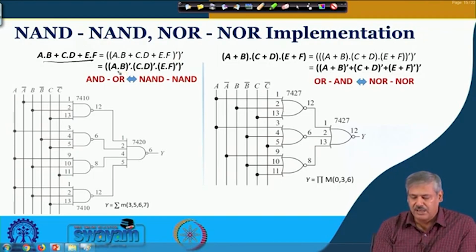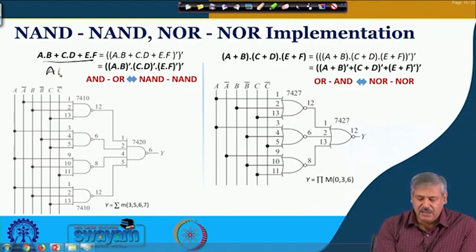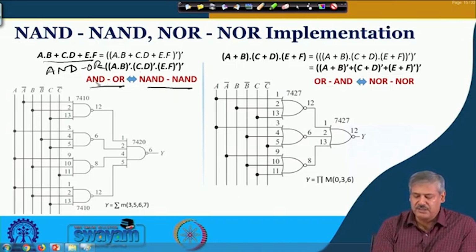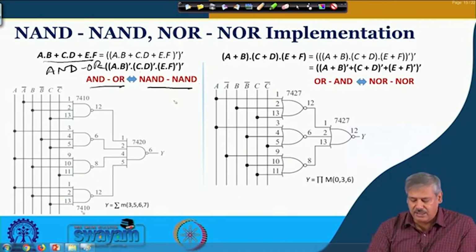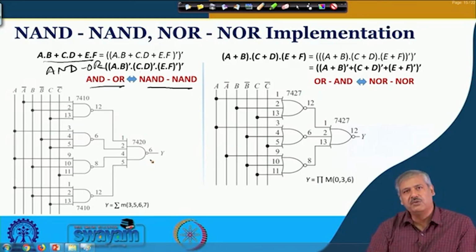This is the NAND operation of C D, the NAND operation of E F, and ultimately all of these individual NAND outputs are ANDed and complemented. That means another NAND operation is involved in the last stage, the second level, and you get the same SOP. You have a NAND replacing the AND bank and another NAND replacing the final OR gate. By this you are using only one variety of gates.